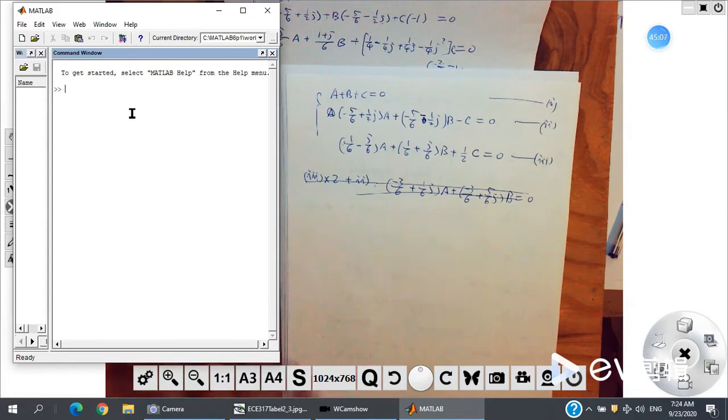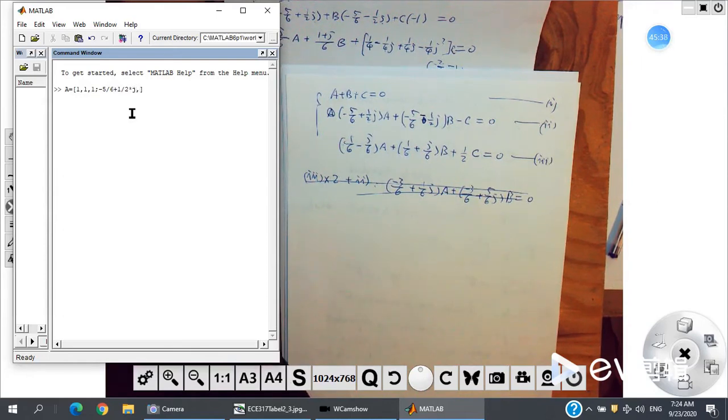You can see the equation, right? I put the coefficients in a matrix. The first row will be just 1, 1, 1, right? A plus b plus c is 0, so the first row is 1, 1, 1. And the second row is -5/6 plus 1/2 times j, right?